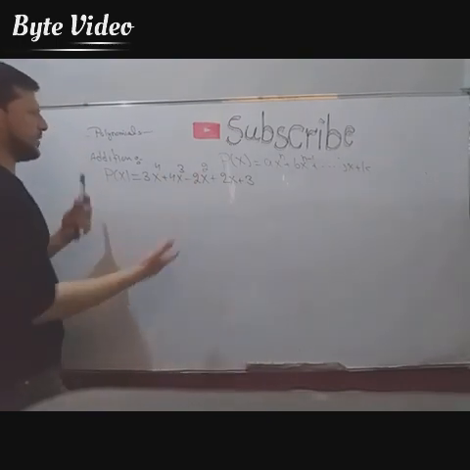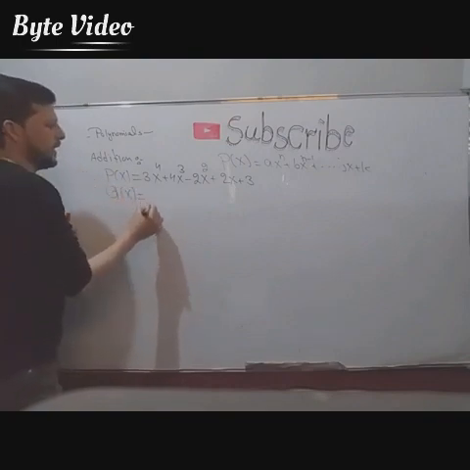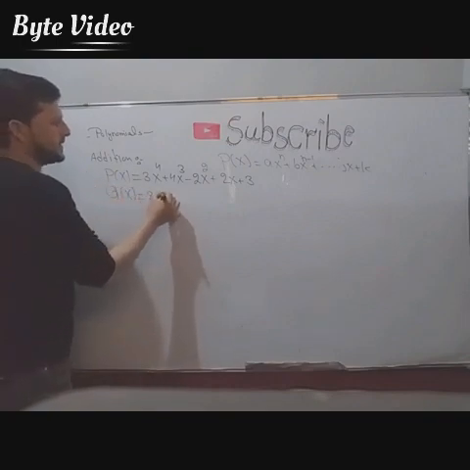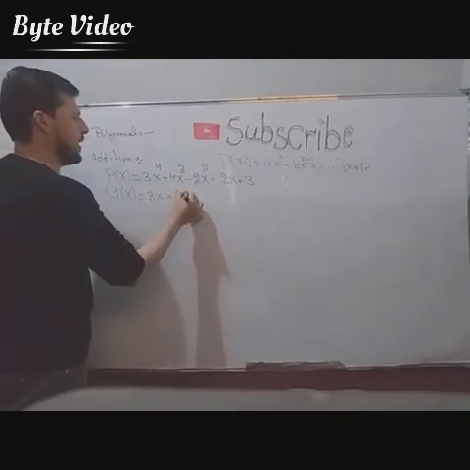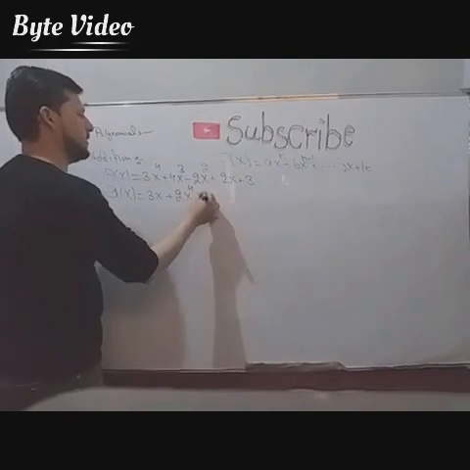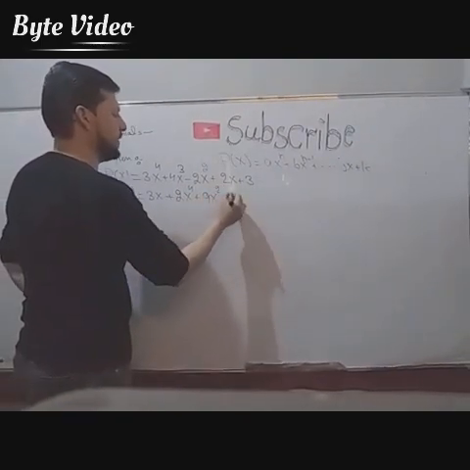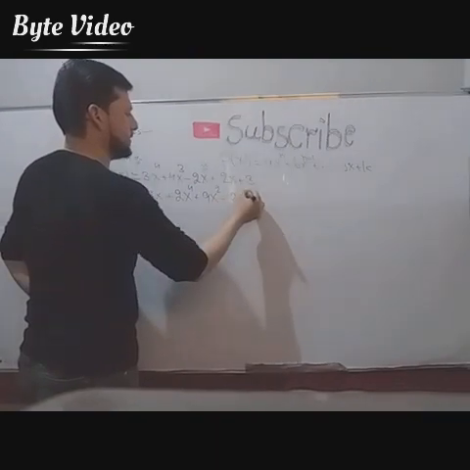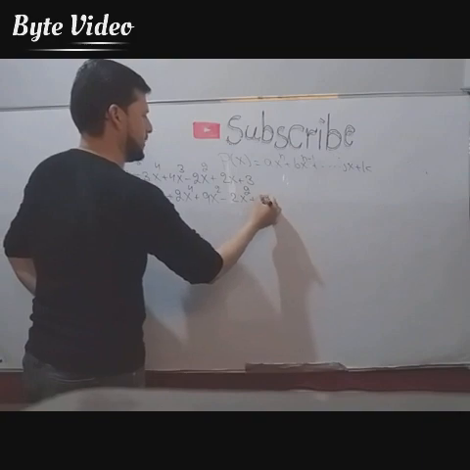So if it is a polynomial, and q(x) is also, for example, 3x plus 2x to the power of 4 plus 9x squared minus 2x squared plus 9.